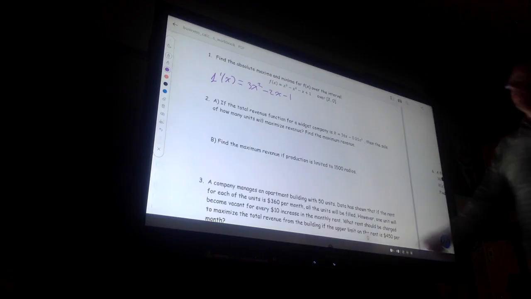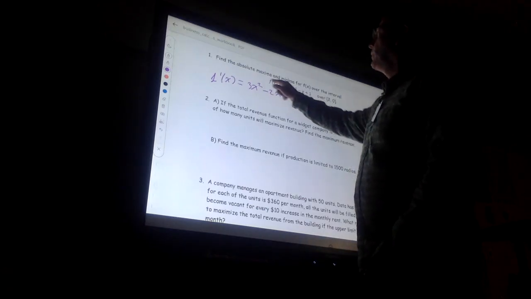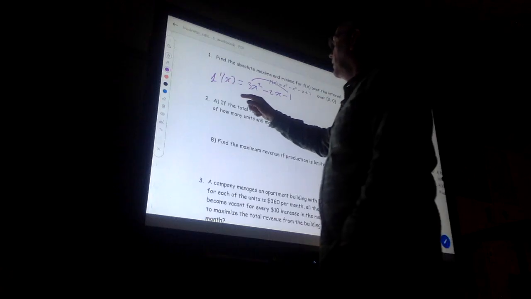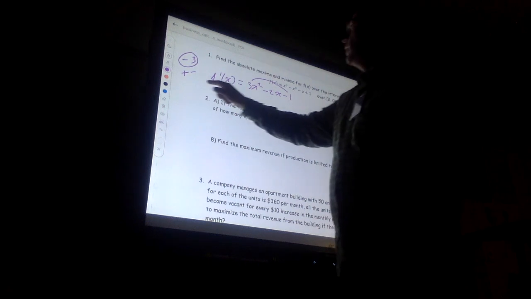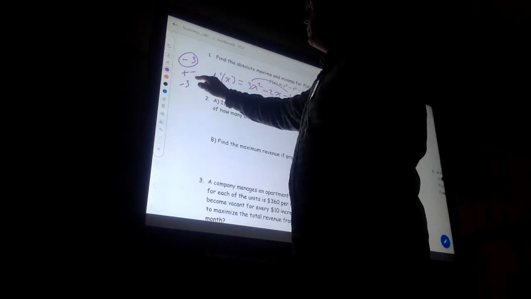So if I were to factor this old school way, I'm going to multiply those together, that's going to get me -3. So I need a positive and negative component. So it'll be a -3 and a +1 that will add up to that -2.